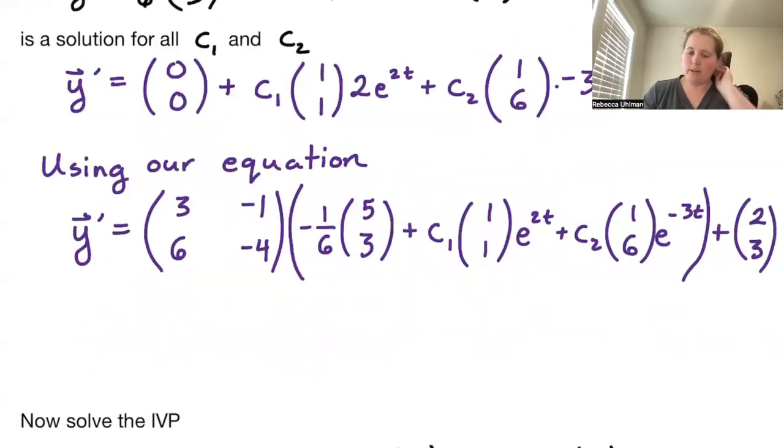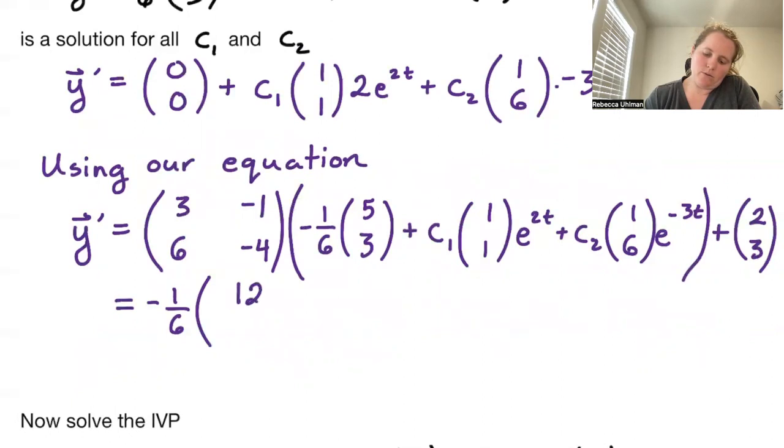So when we multiply this out, that first one we would be looking at -1/6 times, for our first row, 5 times 3 is 15 plus 3 times -1, otherwise known as 12 for the first row. Then we have 6 times 5 is 30 plus -4 times 3, so 30 minus 12 is 18 for the second row.